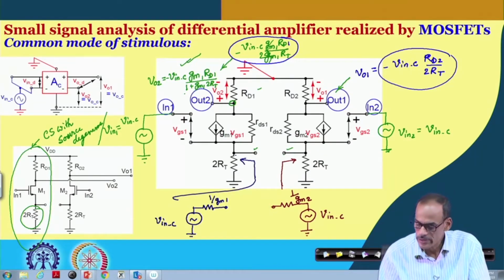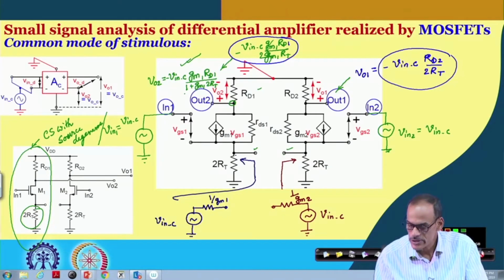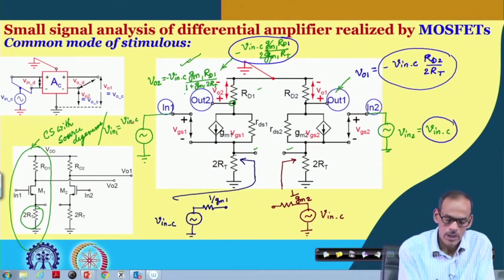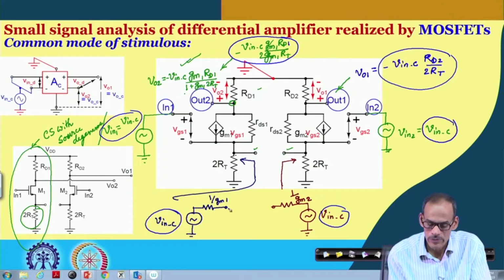Note that unlike the differential case, since the applied signals at the two inputs are in phase, this signal and this signal are in phase. Even if we make this connection, since these two signals are identical, there will not be any change.